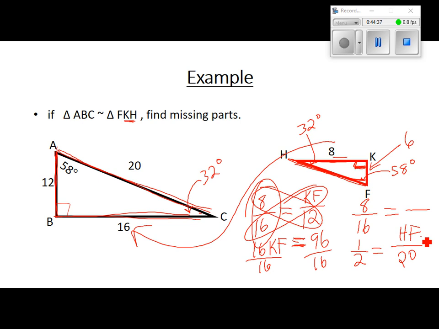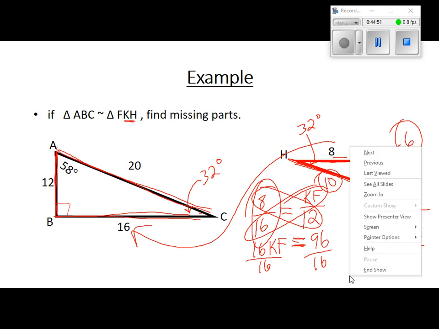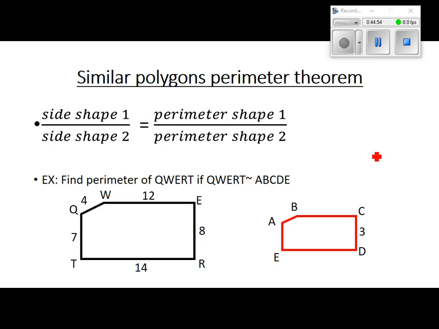Can you sort of see that without doing all the math? So how long is segment HF? 10. Did we find all the missing parts in both triangles? So if you can reduce it down and make it a little simpler on yourself, sometimes that makes it easier.